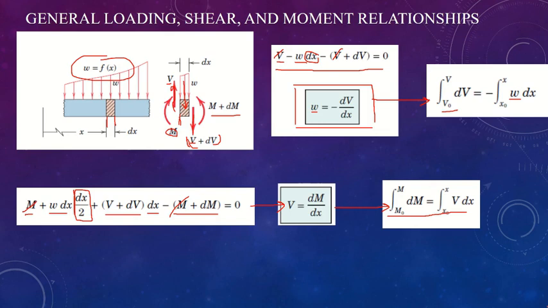Similarly, when we talk about moment, it will have a higher, third degree order of x cubed. If we solve this, you will find that the moment can be a constant k times x cubed, whereas w will be defined as k times x.